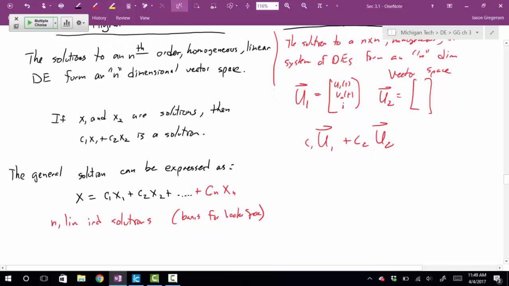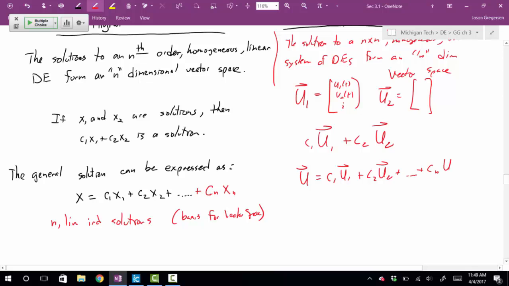And the whole idea of linear algebra is that I don't care what my vector space is, whether it's functions here, whether it's vector functions over here. The properties are all the same. So I can still form a basis of n vectors. So once again, over here in systems now, my general solution is just going to be some constant times u1, some constant times u2, and so on.